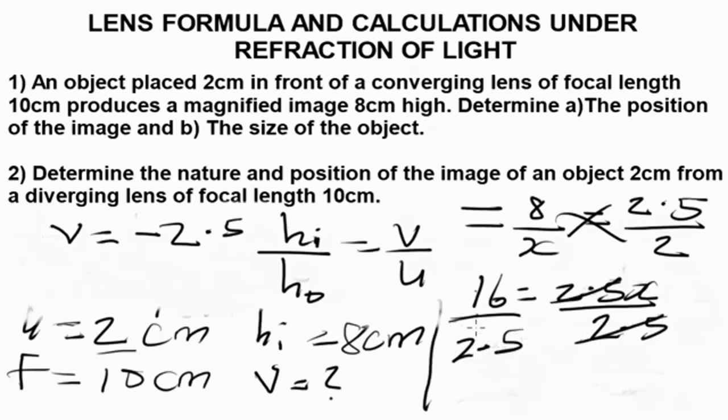We're now left with 16 divided by 2.5. Let me punch it. It's going to give us 6.4 cm. That would be the object height. So that's it for question 1. Let's wipe everything and solve question 2.